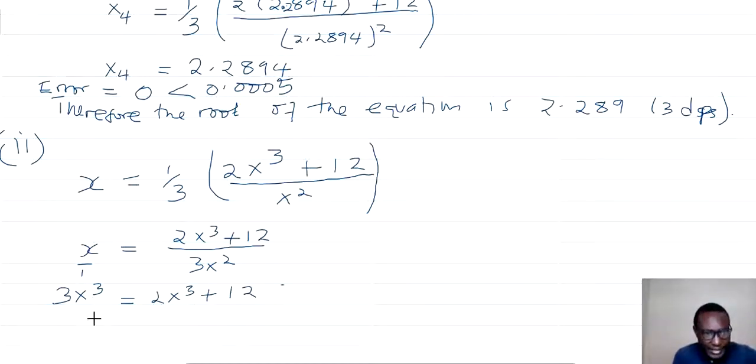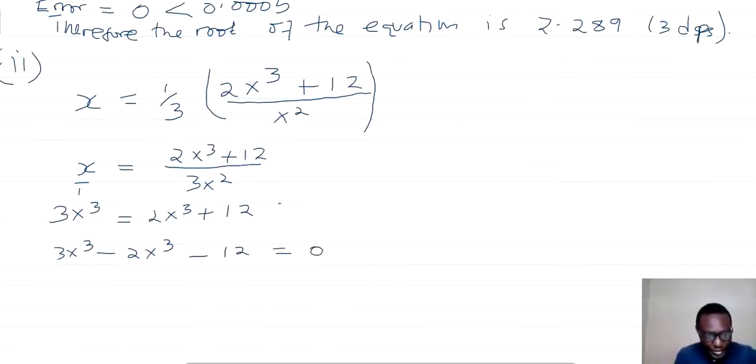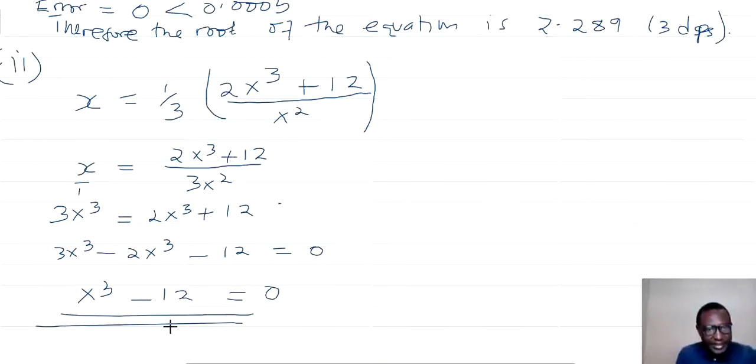So collecting like terms, we shall have 3x power 3 minus 2x power 3 minus 12 giving us 0. So when we subtract there, we shall get x power 3 minus 12 equal to 0, and this here is the equation that is being solved.